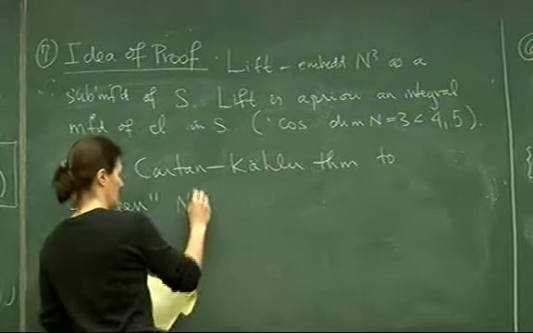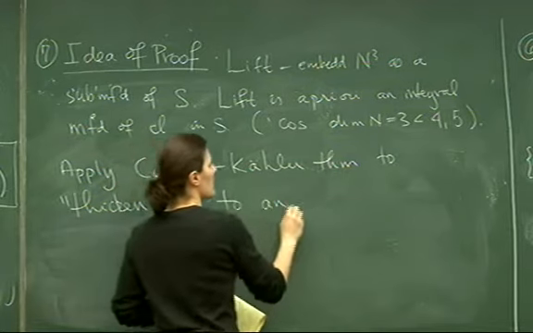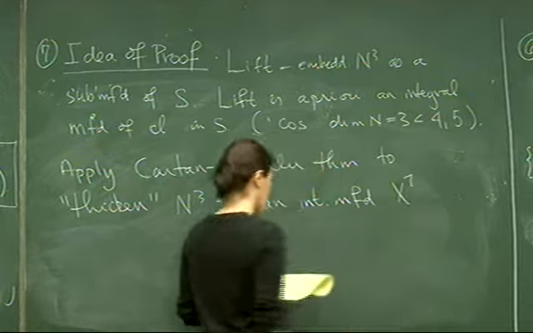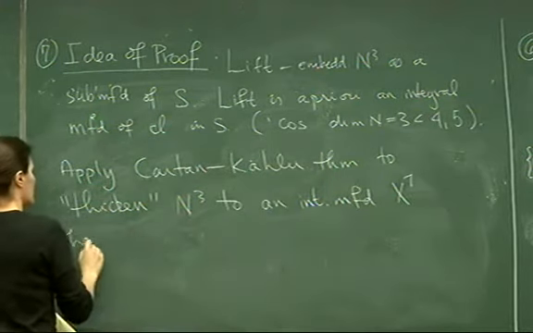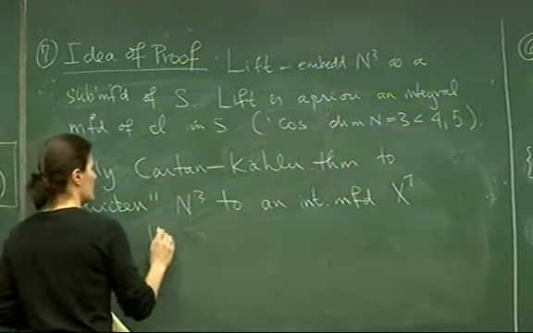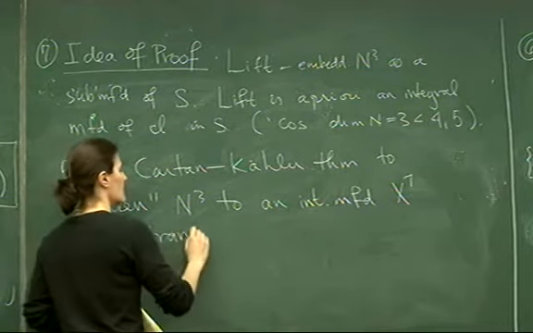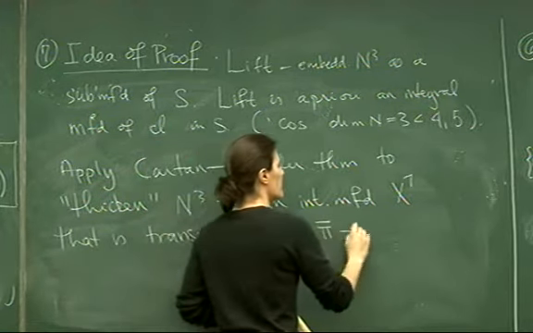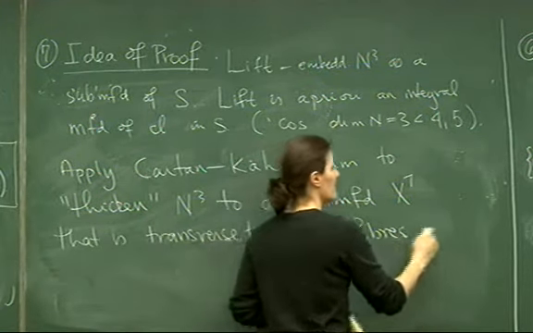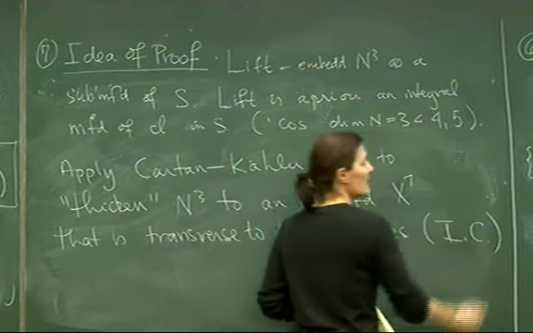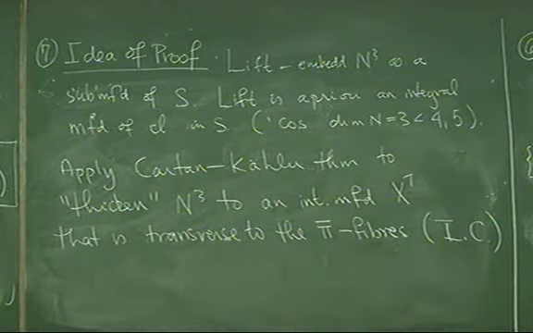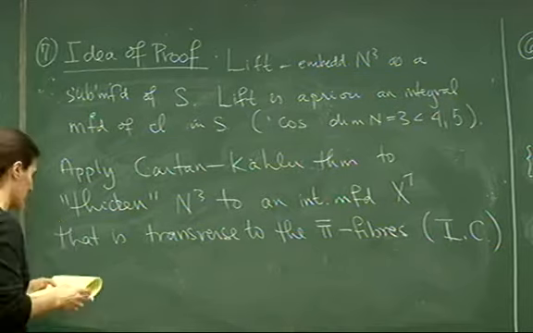So to thicken N3 to an integral manifold X7 that is transverse to the pi fibers. That's a loose way of saying there's an independence condition running around in here, and the independence condition is that the integral manifold we construct be transverse to the pi fibers.